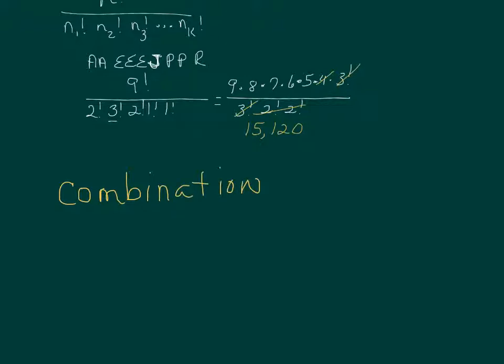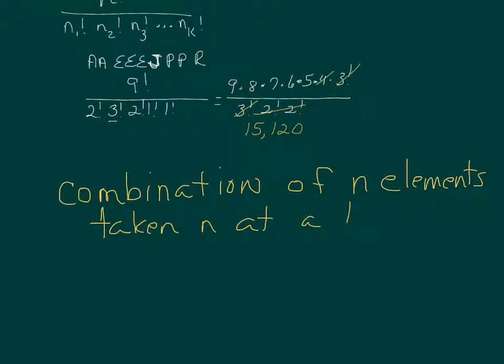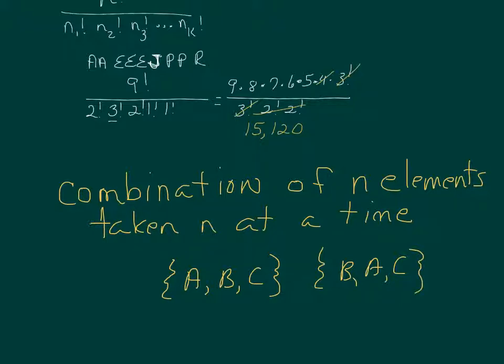With a combination of n elements taken n at a time, order's not important. Just an example, if we're looking at combinations, ABC and BAC are equivalent because it doesn't matter about the order. If I cared about order, then I would have a permutation.